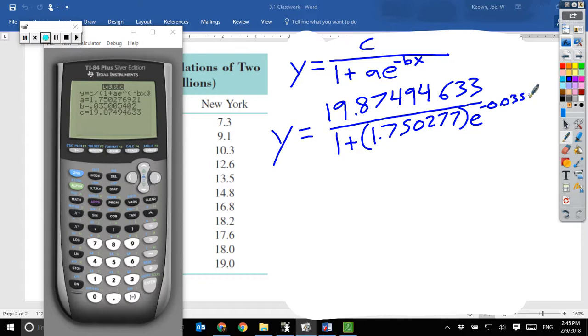The next couple digits are zeros, so I just stop there. Okay, so there's my regression formula, my logistic regression formula for the population of New York.